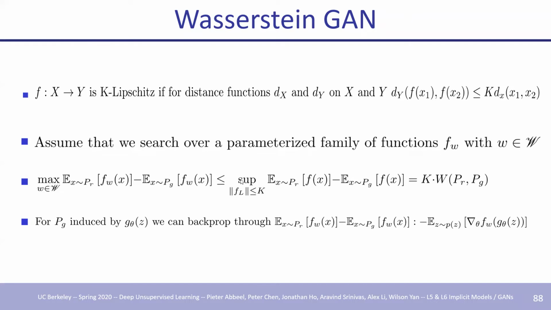Since this is the supremum, which is the max, whatever our function f_w is, it's going to be worse than the optimal, or maybe as good, but it's always going to be lower than that. So whatever we come up with, the distance is going to be less.